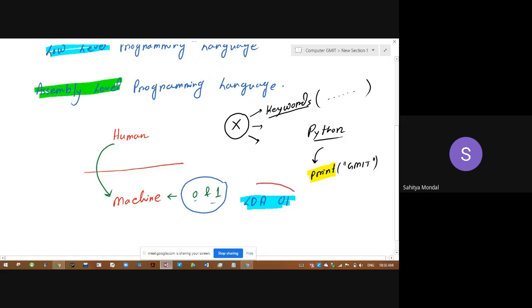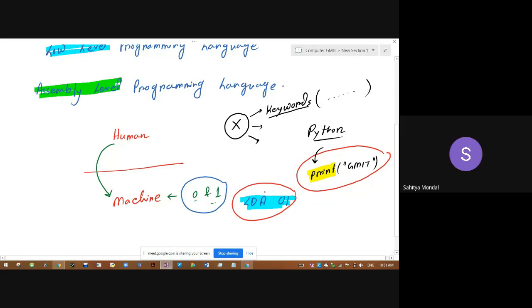If this example is given to you, which one will be more understandable to you, LDA 01 or print GMIT? Print GMIT, sir. Print GMIT is better understandable by you, but it is difficult for the machine to understand.